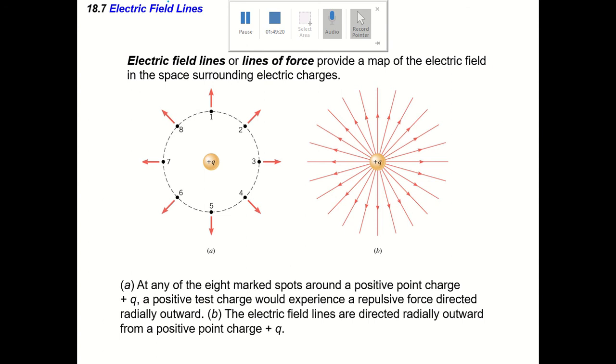Now the other concept is something like this, class. Electric field lines, or lines of force, provide a map of the electric field in the space surrounding electric charges.